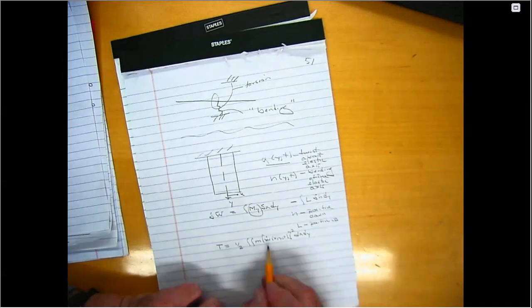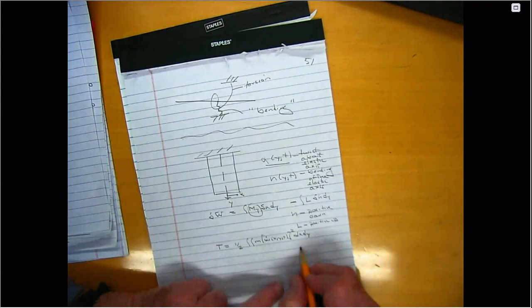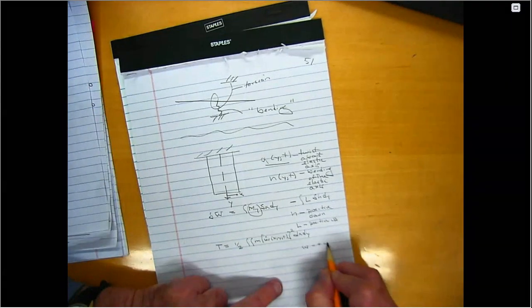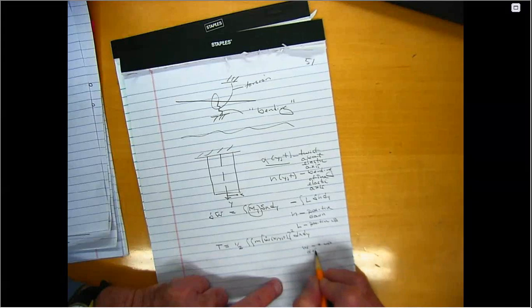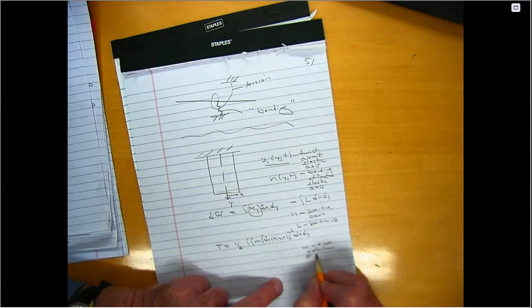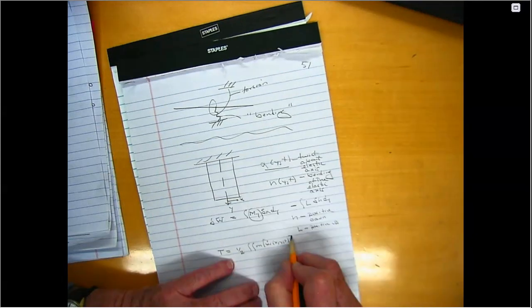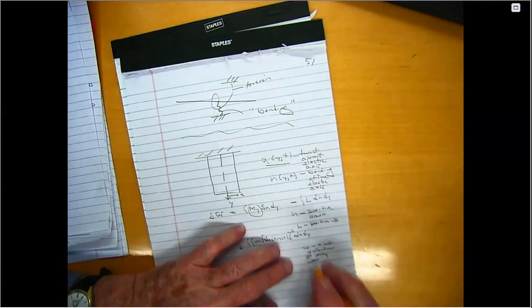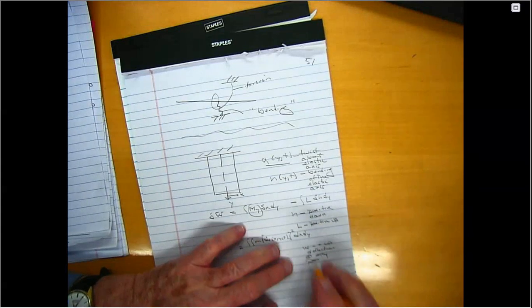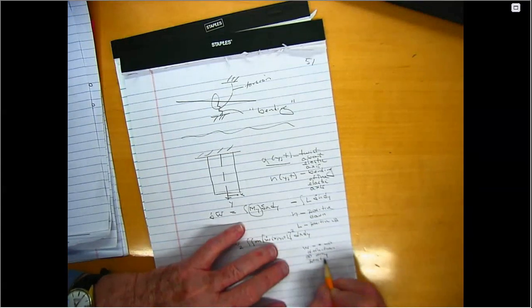What is w? w, just to make life difficult, is positive up, and it's the deflection at any point whose coordinates are x and y.